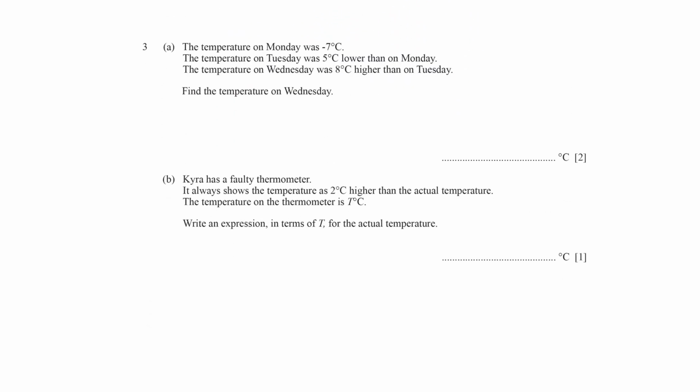The temperature on Monday was -7 degrees Celsius. The temperature on Tuesday was 5 degrees Celsius lower than on Monday. So to calculate the temperature on Tuesday, it's -7 degrees Celsius minus 5 degrees, because on Tuesday it was 5 degrees lower than on Monday.